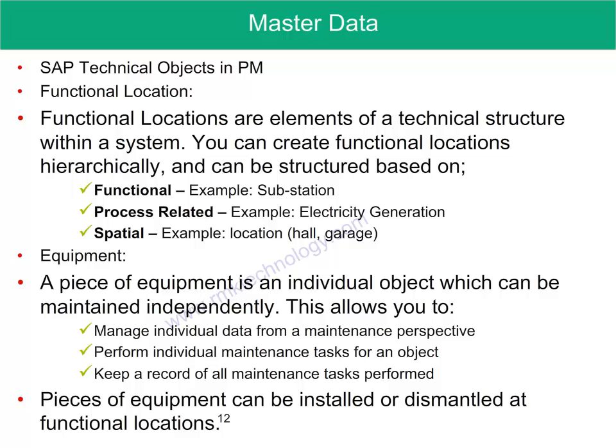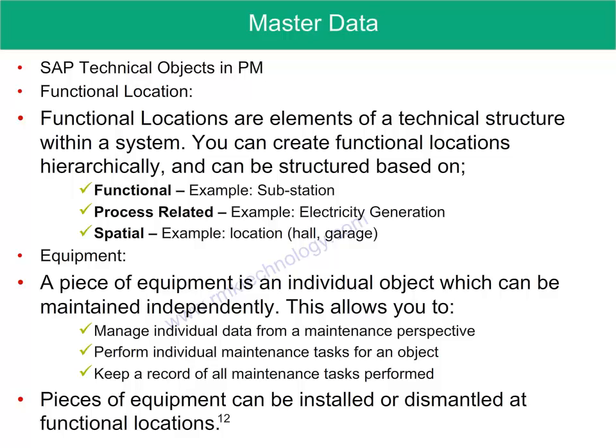The definition of functional location is: functional locations are elements of a technical structure within a system. You can create functional locations hierarchically, and they can be structured based on function, for example, substation; process-related, for example, electricity generation; or spatial, for example, location, hall, garage.